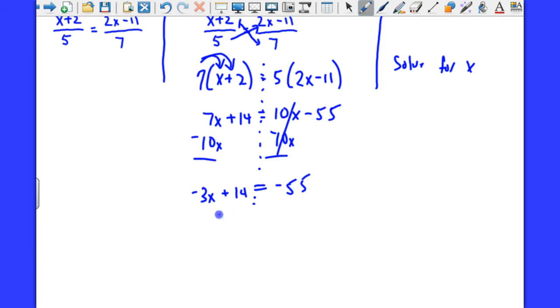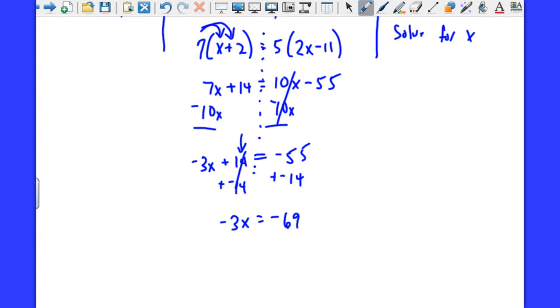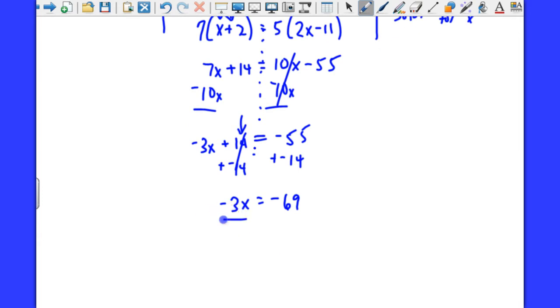What I'm going to do now is add negative 14 to both sides because I want to get rid of the 14 here. So that goes away there. Negative 3x is equal to negative 69. And now, scrolling down for a little more space, divide that by negative 3.